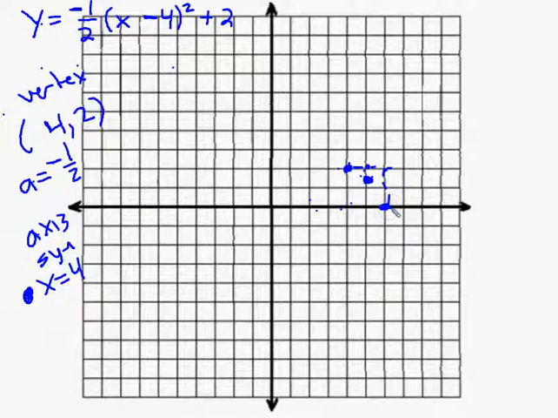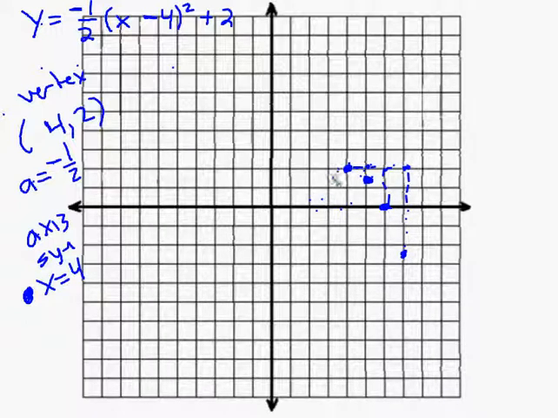So here are my points. If I go right 3, 3 squared is 9, but times my stretch of negative 1/2 gives me negative 4.5, so I'm going to go down 4.5. Now, if you get decimals, that's okay.